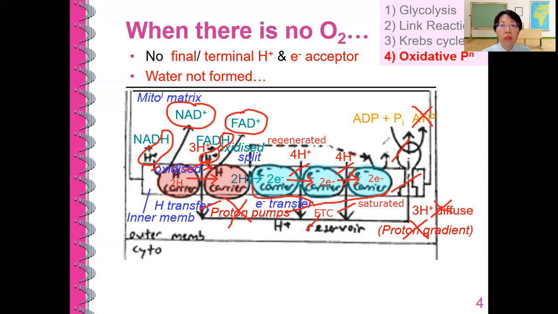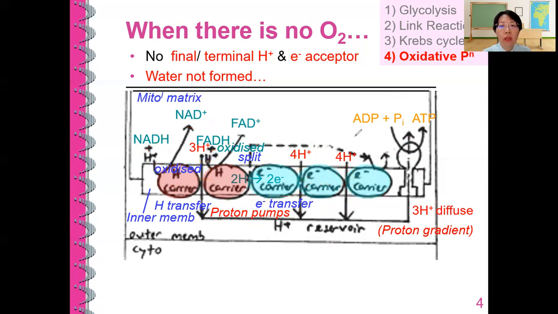Correct? So can you see how you can link from when there's no oxygen immediately? This is the reaction that involves oxygen. So what is the next reaction before it? Before the oxygen is this one. Okay, let me delete the whole thing. So whenever there's no oxygen, that means this step that's directly involving oxygen will not happen.